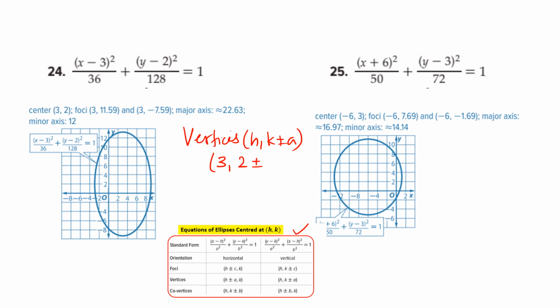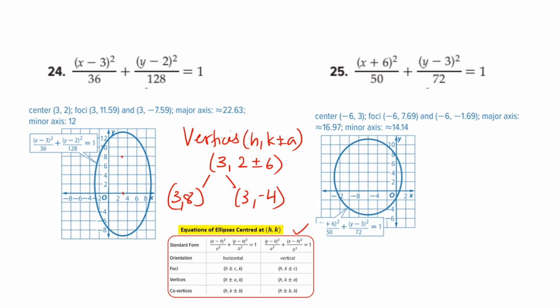We'll put the value 6. So we get the two coordinates of the vertices as 3, 8 and 3, minus 4. So we will go to the graph and plot these points. So 3 and 8. So x is 3 means somewhere here, and y is 8 means somewhere here. So that's your point.